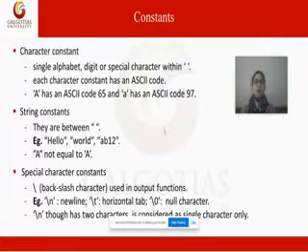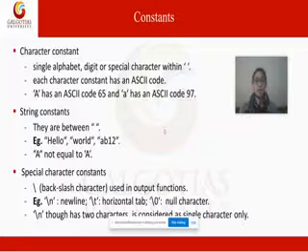Now, what are string constants? String constants are between double quotes. So if I'm writing double quotes and writing hello in between, that is a string constant. Then world here, A, B, 1, 2, all of these are strings because they are in between the double quotes. But if I write a capital A in double quotes and a capital A in single quotes, these two are going to be different. Why?